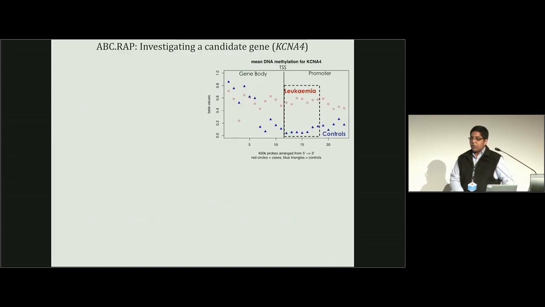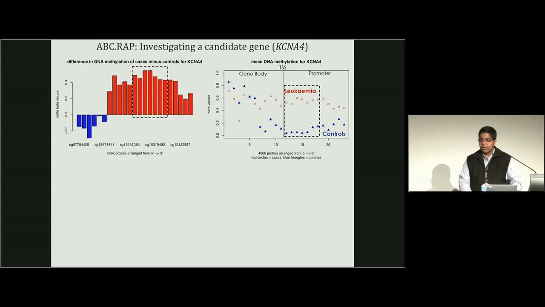So the typical output of ABC.RAP is a plot like this, where you could see the methylation values for leukemia and control, and leukemia samples here are represented by red circles, and controls are represented by blue triangles. And you can see that the methylation is ranging from 0 to 1 on the y-axis.